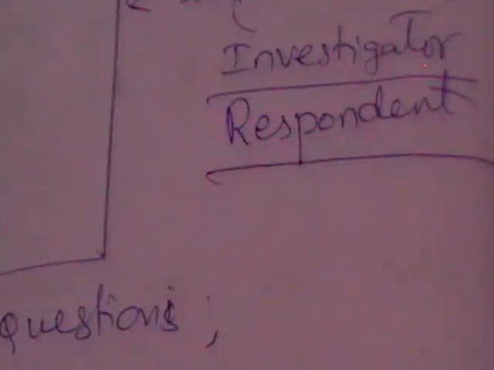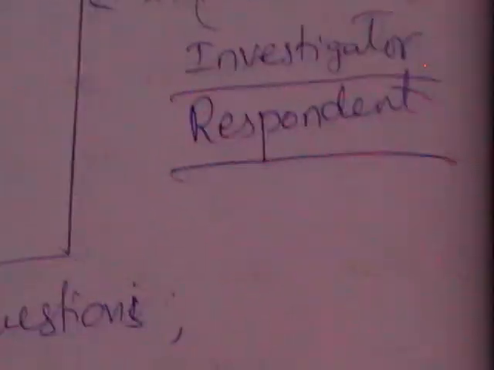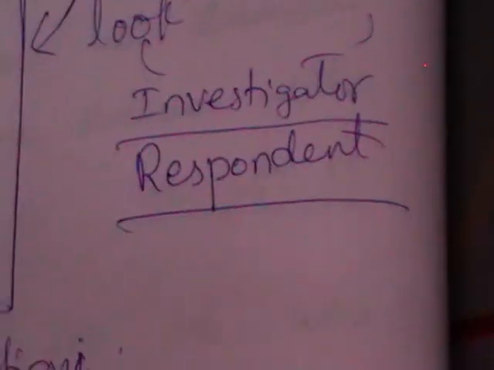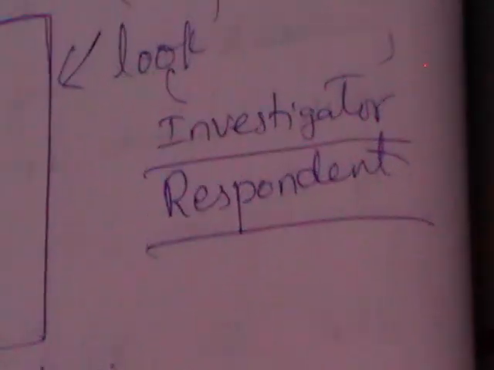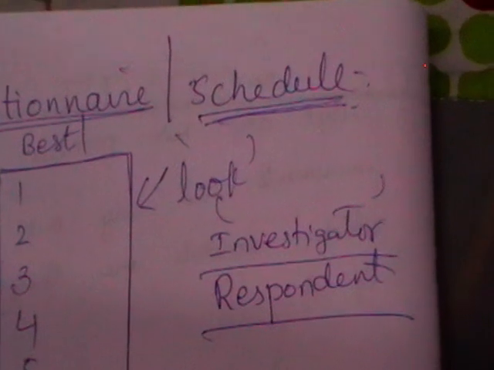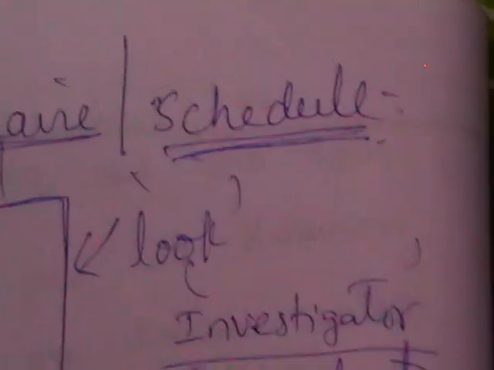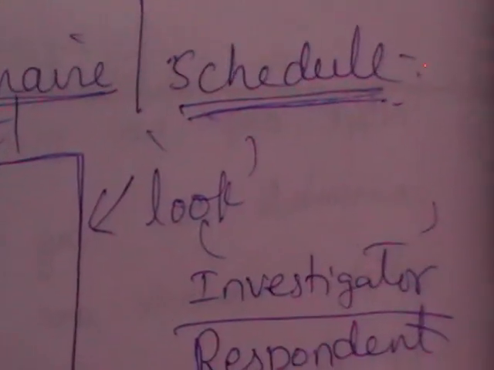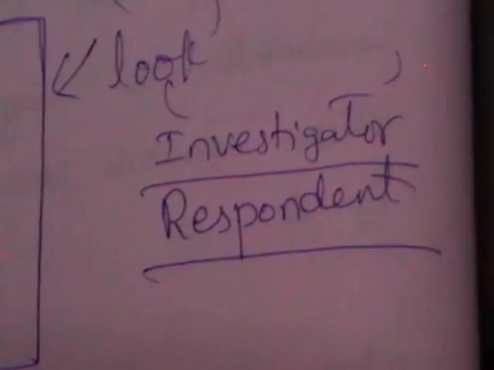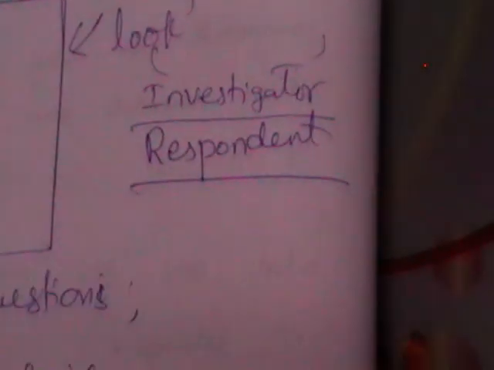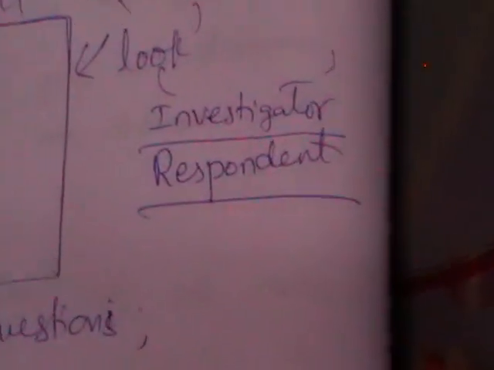In such a case, he posts a list of questions in a format called a schedule to the respective destination and gets the schedule back with the required information. So this is preferred when the respondent is at a remote place or is a literate person. To reduce the time of the survey, we can go for a schedule. These are about questionnaire and schedule.